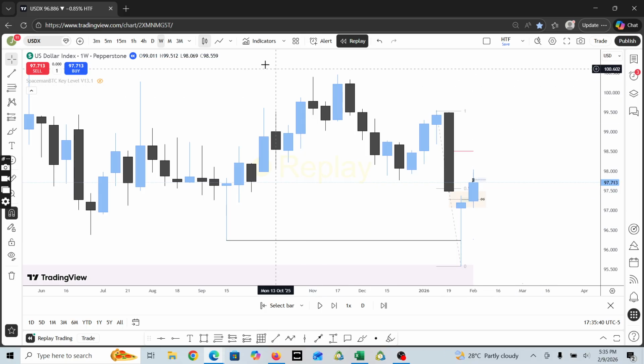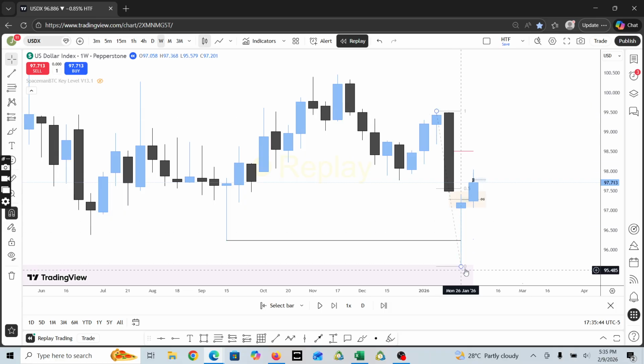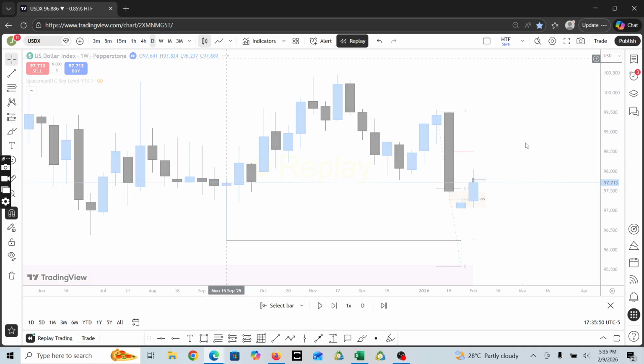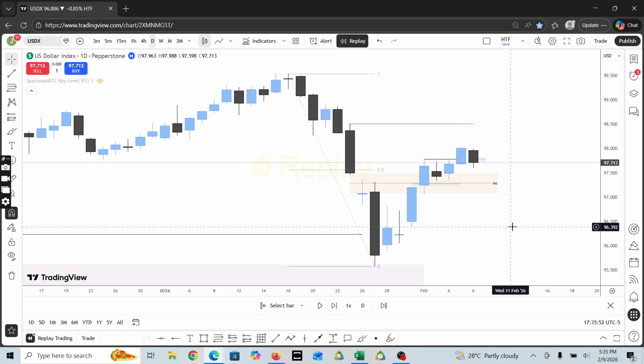So if you can quite remember, I still have this range marked. I'll move down to the dailies, and you can see that this was the target I was expecting if dollar was able to break from this inefficiency level on the dailies.